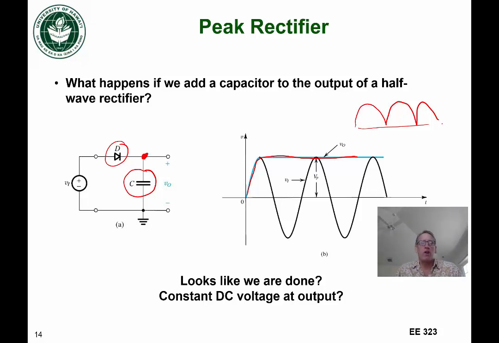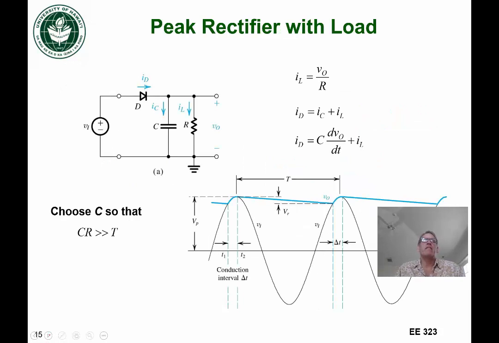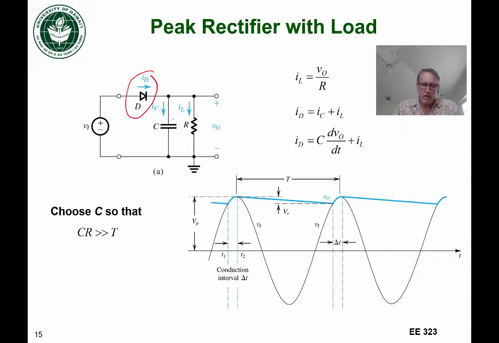And a load is going to draw current off the capacitor. So this is now a more realistic situation. We have essentially a half-wave rectifier with the diode. We've added this smoothing capacitor C, and this resistor here is representing the load. This is the circuit that we might hook up to our rectifier, the cell phone charger, for example.